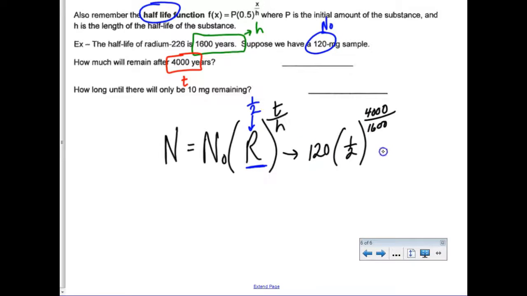So on your home screen of your calculator, you can just calculate that for me. Everyone, please practice typing that. It doesn't tell you really where to round, so let's go to the 100th place. That's always safe. You should be getting 21.21 milligrams. If you don't get that, we gotta talk about why.